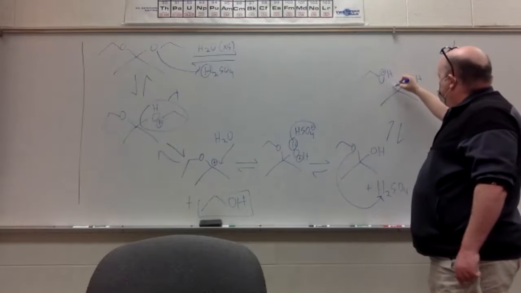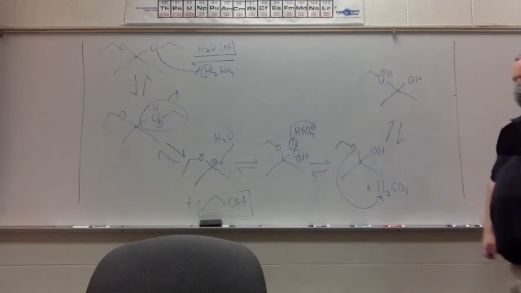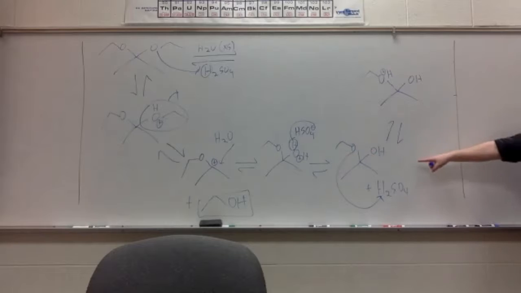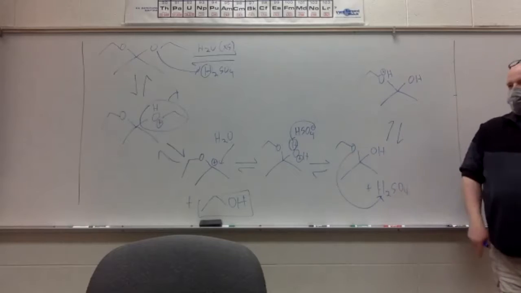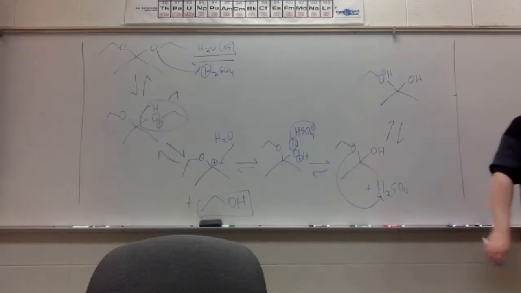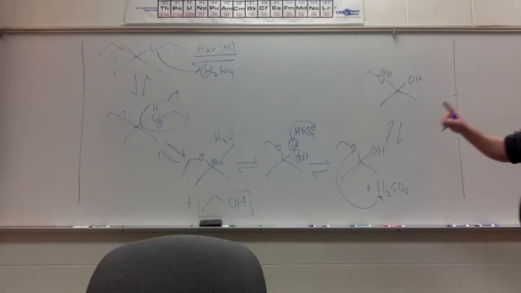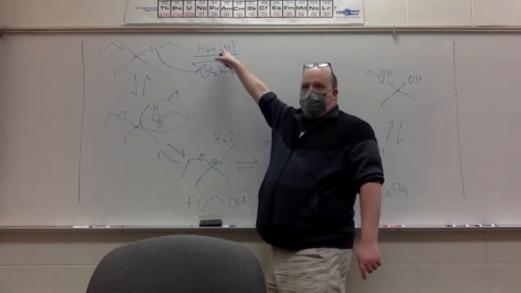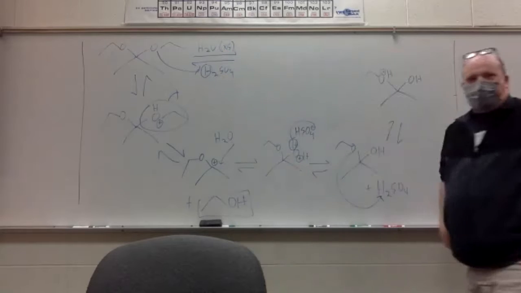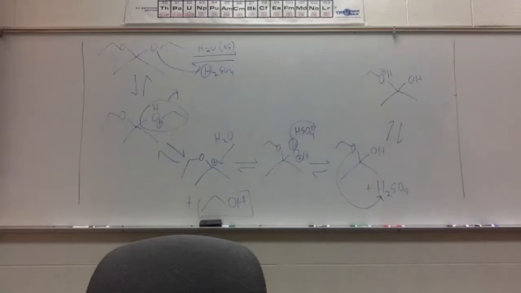Here's a question. Last time in the forward reaction, when we had this exact same situation, the acid protonated the OH, but this time it protonated this. Why didn't it just protonate the OH? Well, then we'd be going backwards, right? We're allowed to go backwards, except for the fact we already have an excess of water, so we don't want to make any more. So that's where Le Chatelier's principle comes in.